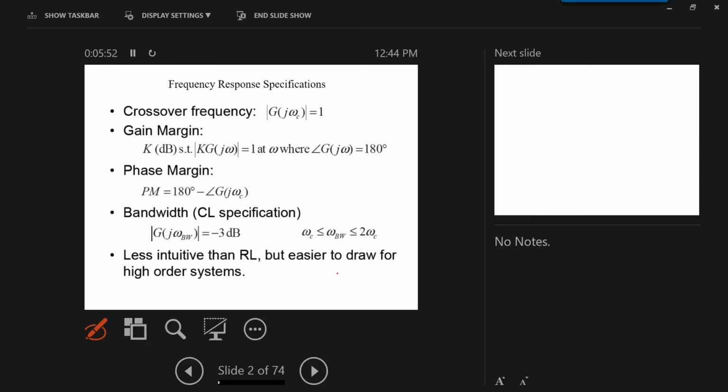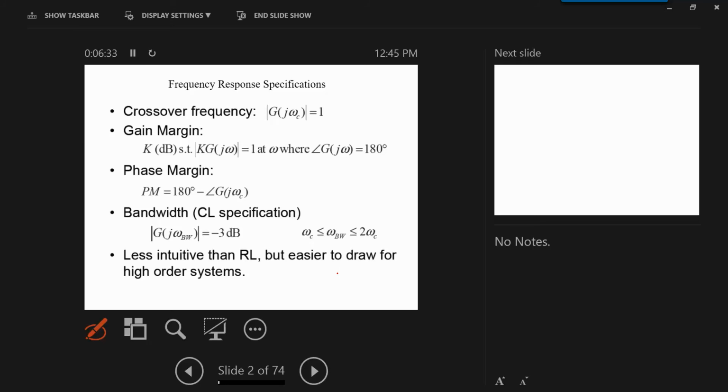We take the closed loop transfer function G. We draw the minus 3 dB line, and the intersection of this constant line with the magnitude plot gives me the bandwidth frequency, omega bandwidth. We find that omega bandwidth is between the gain crossover frequency and twice that value. So this is the range of the bandwidth.